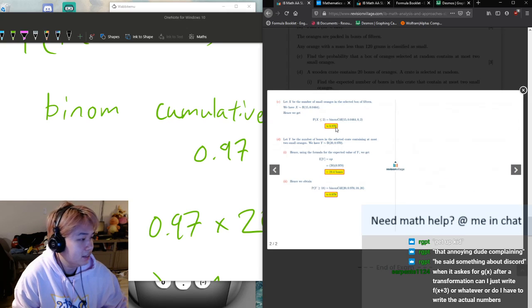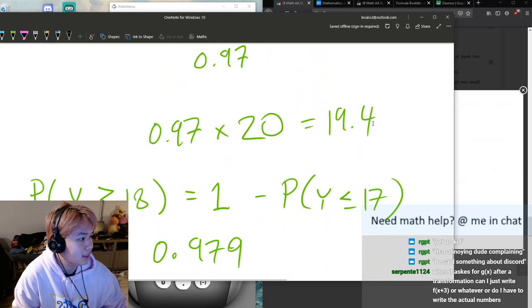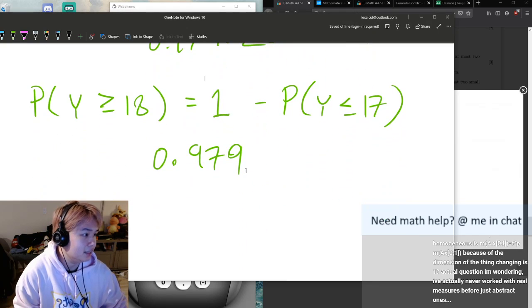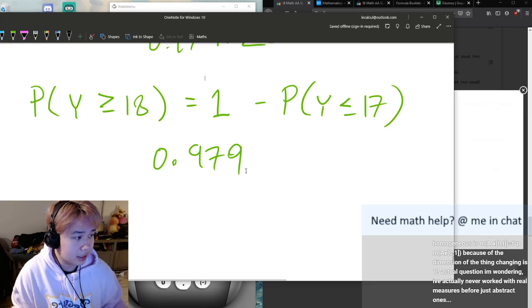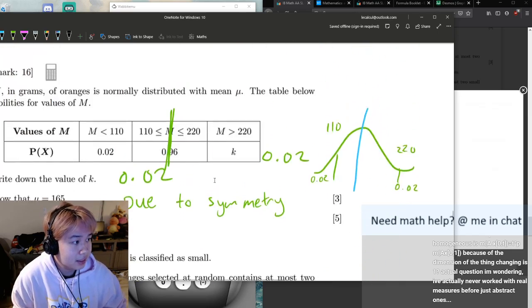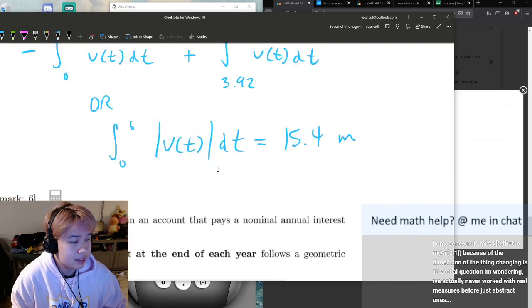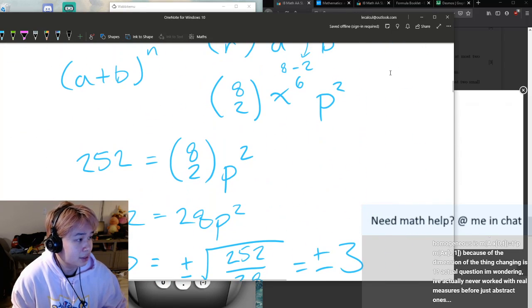Okay, 19.4 boxes, 979. So, good job. Basically got perfect marks, which gives me an IB grade of 7, if this was a real paper.